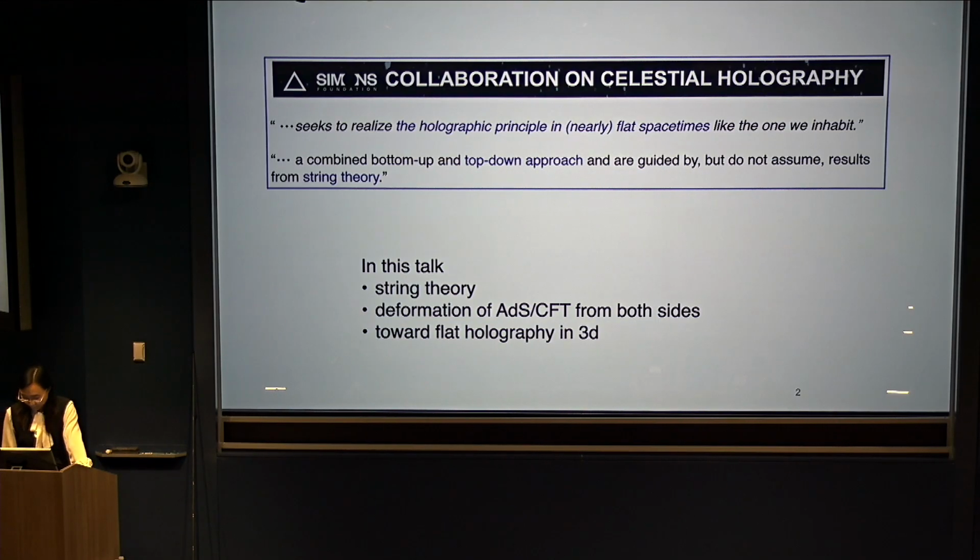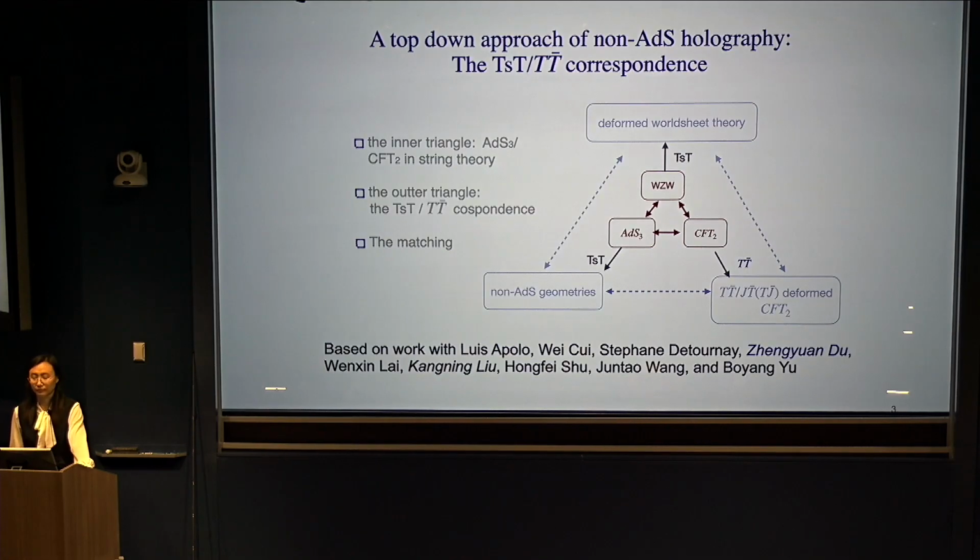So let me move on. The structure of this talk can be described by this two-layered triangle. The inner layer is the theory and duality we start with before any deformation.